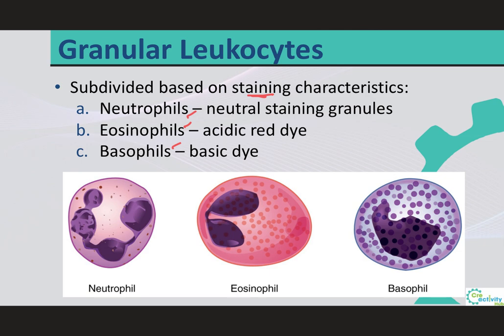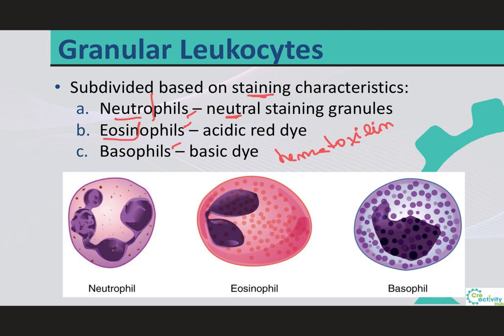Neutrophils, like the name says, have neutral staining granules, so they're not going to be either acidic nor basic. Eosinophils use eosin as the stain, which is actually an acidic dye. And basophils use a basic dye known as hematoxylin. So this is where those names come from.